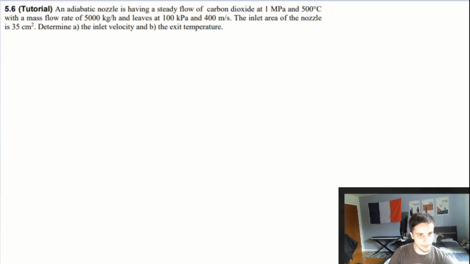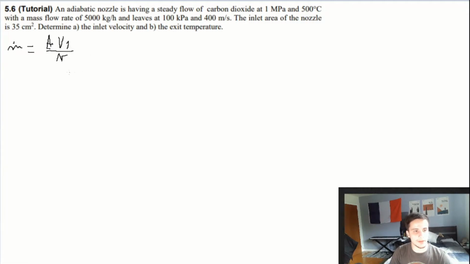Mass flow rate is equal to area, which is given to us for the inlet, times velocity, which is what we're looking for, divided by the specific volume.